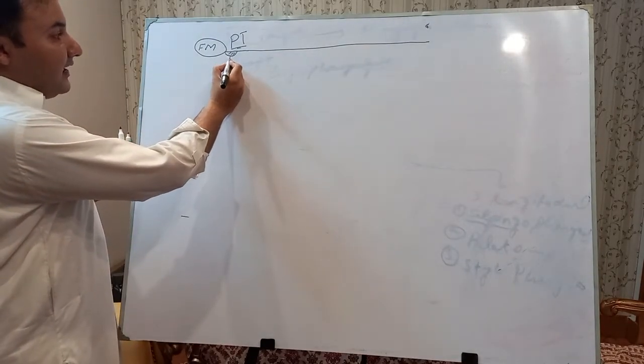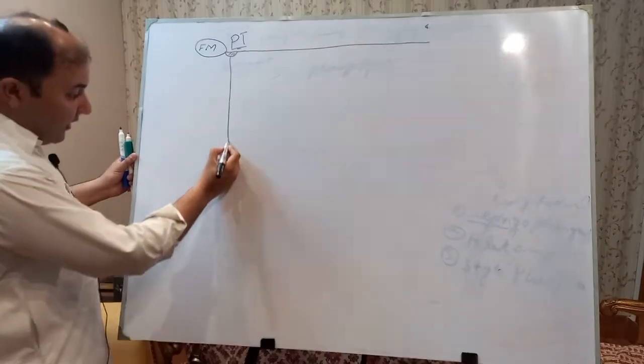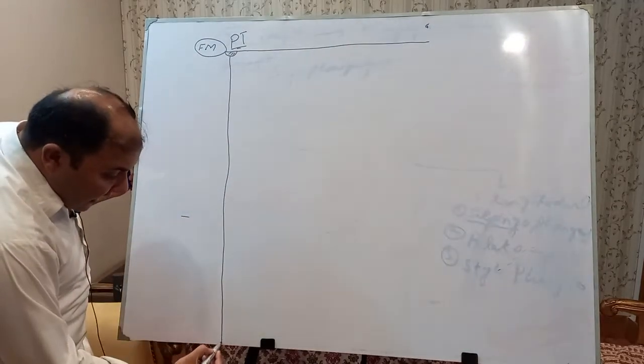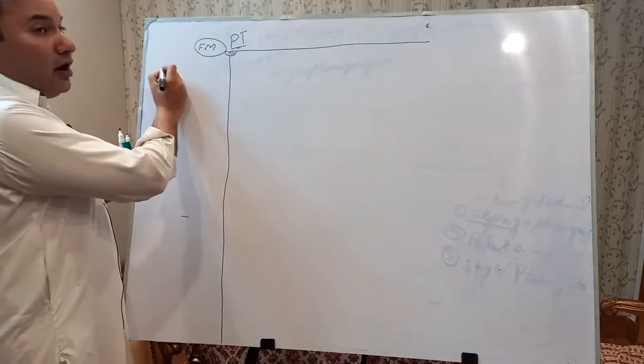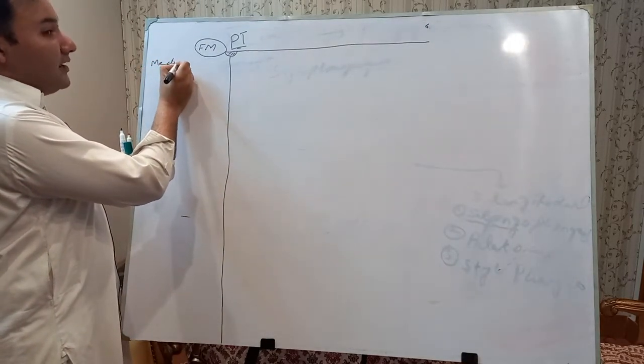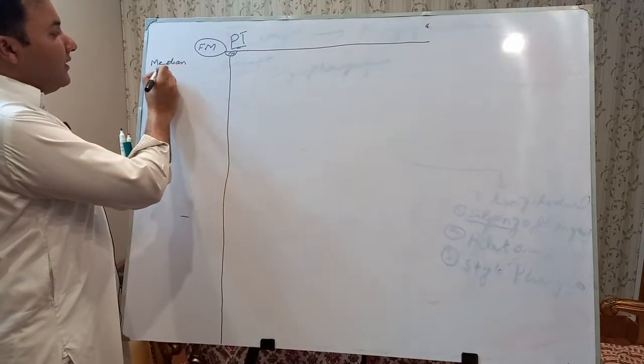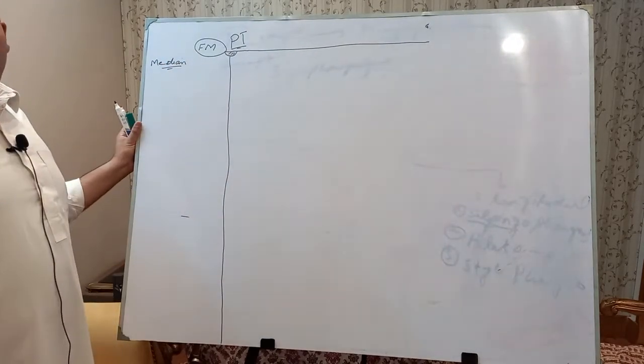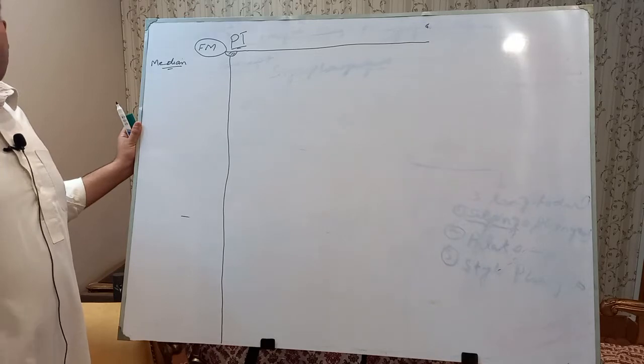The pharyngeal tubercle gives origin to a fibrous band. This band is called the median fibrous band. As we know, the word median is used for structures present in the midline.